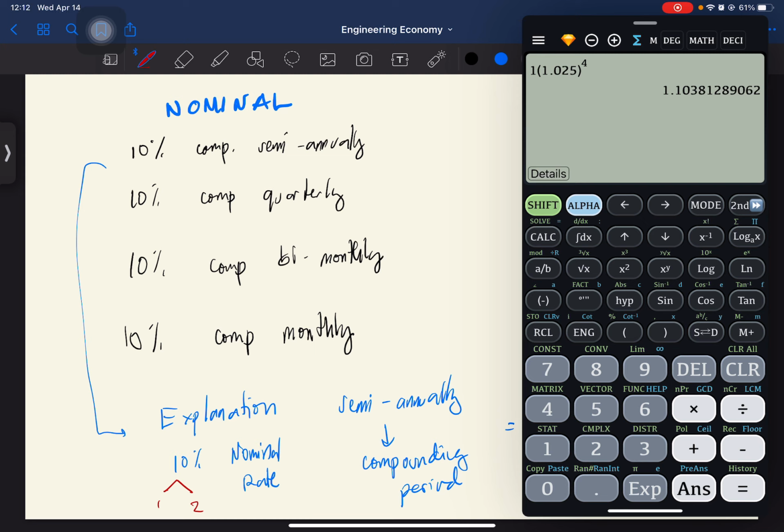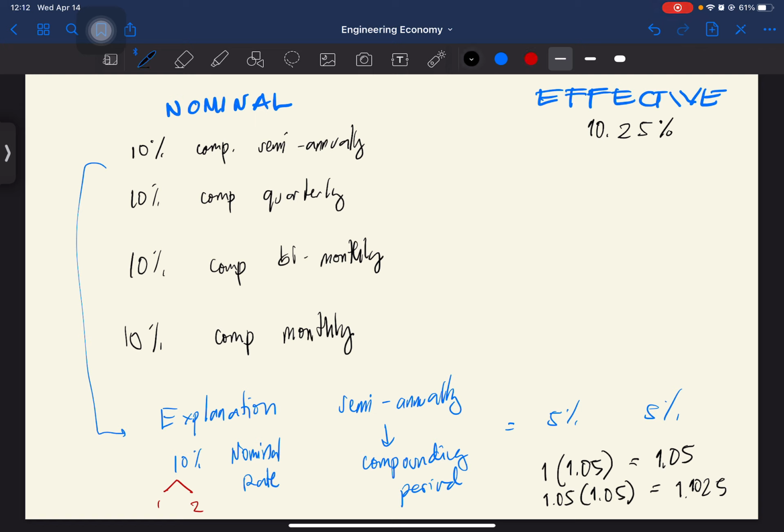So, that's 1.1038. Tapos, if you take out the principal, minus 1, so ang interest rate talaga ng 10% compounded quarterly is 10.38%. Okay?